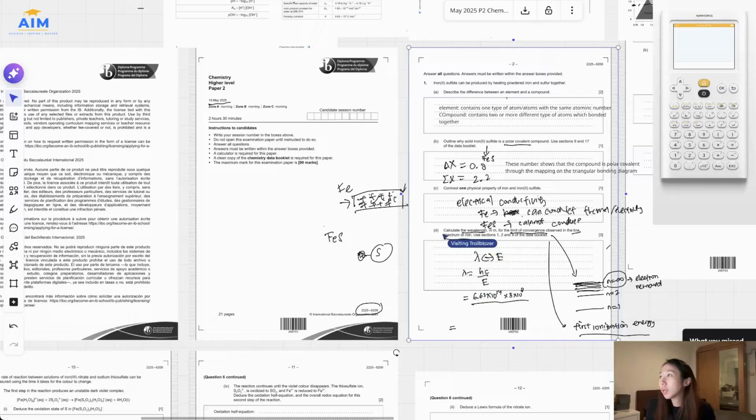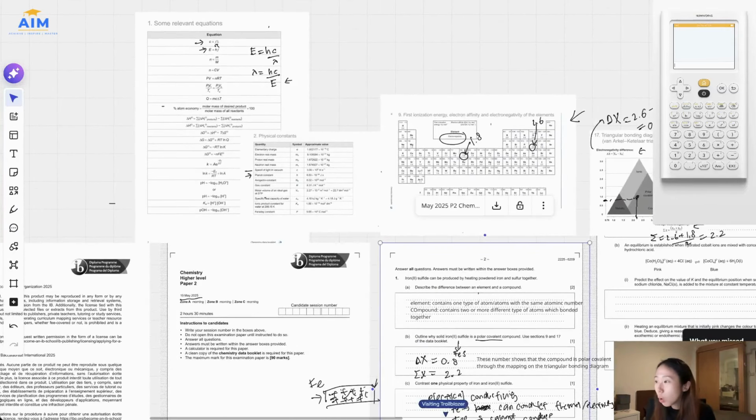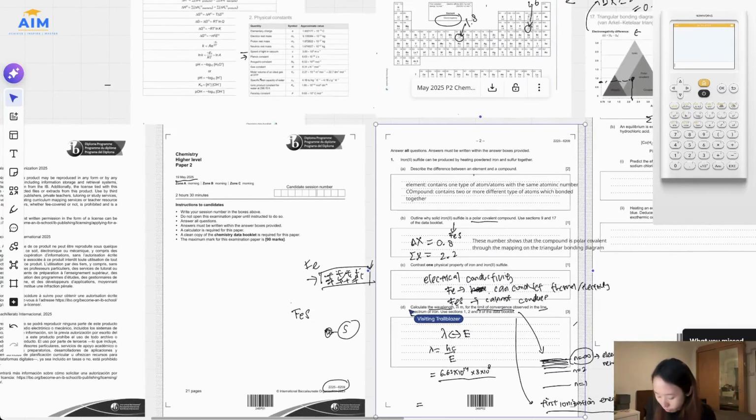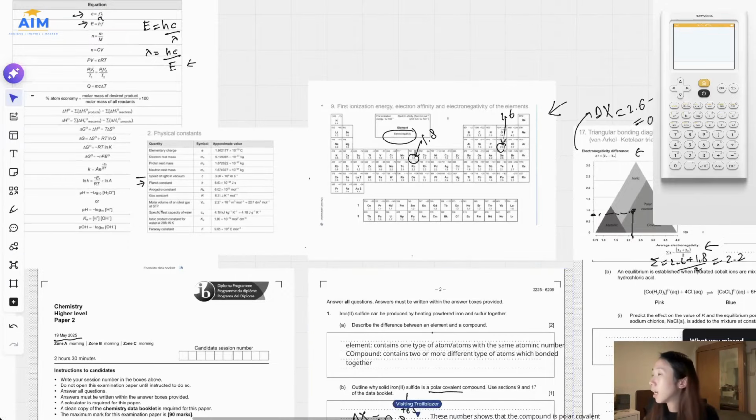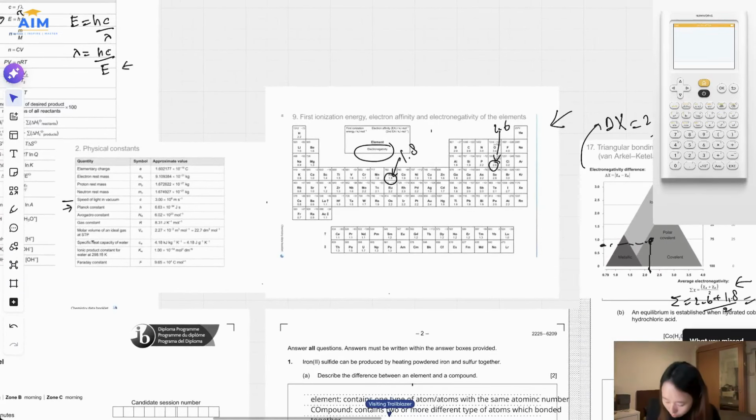So how do we find the first ionization energy where this electron is being removed? This energy you can get from the Data Booklet, because we know that this spectrum is for iron. So we can go and see the ionization energy in chapter 9. The first ionization energy is in the top left corner.